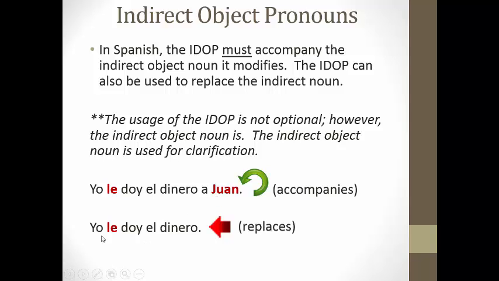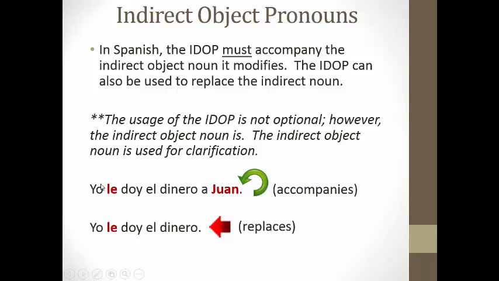Look at this sentence to contrast it. I give the money, and then you've got le. Le means to him, for him, to her, for her, to it, for it, to you, formal. So I don't know exactly what the le is standing for there. Therefore, I've included the indirect object noun with it.